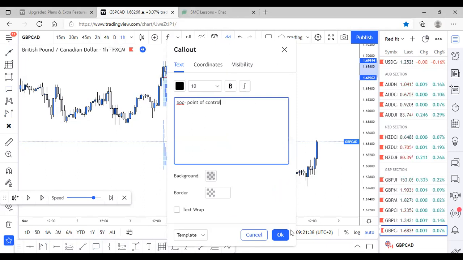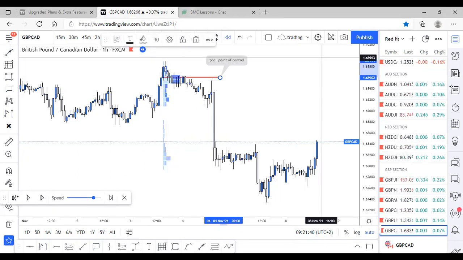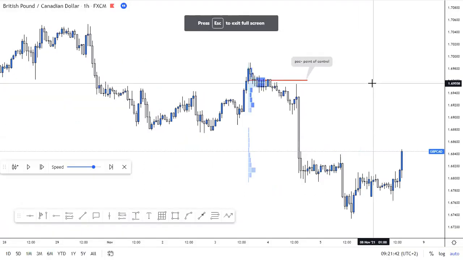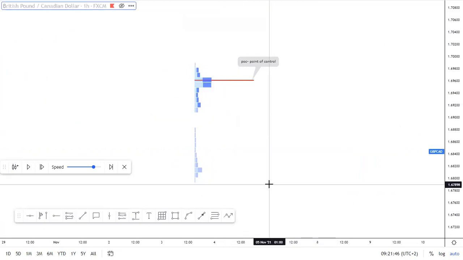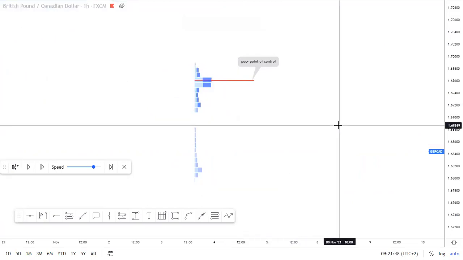Okay, let me try to actually hide the chart in the background, and then I'll be able to make better examples. All right. So we have this POC, which is point of control, where that's where we actually assume that we have high transactions open in the market. You got a point.